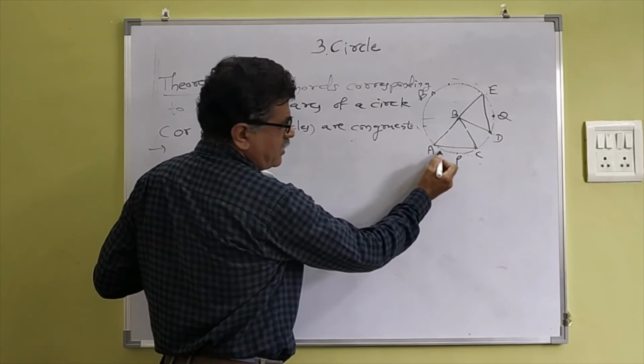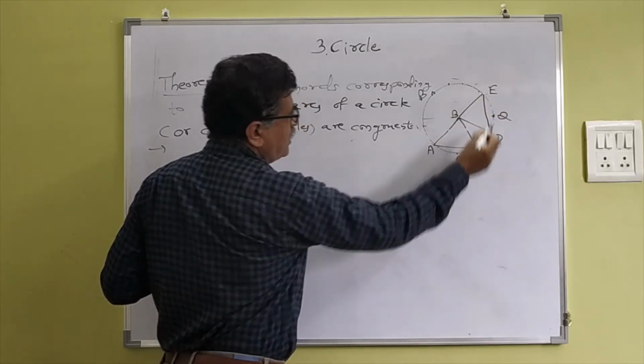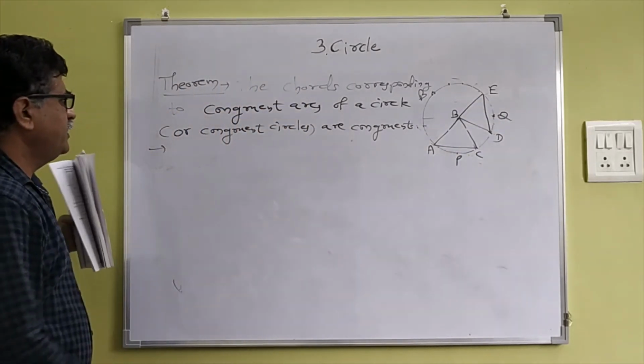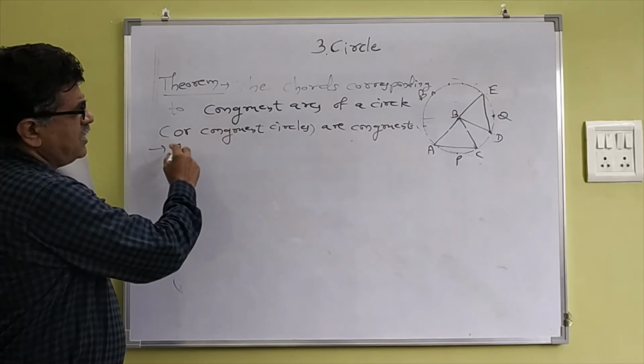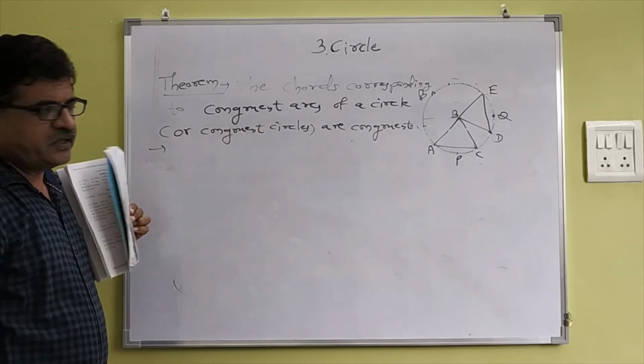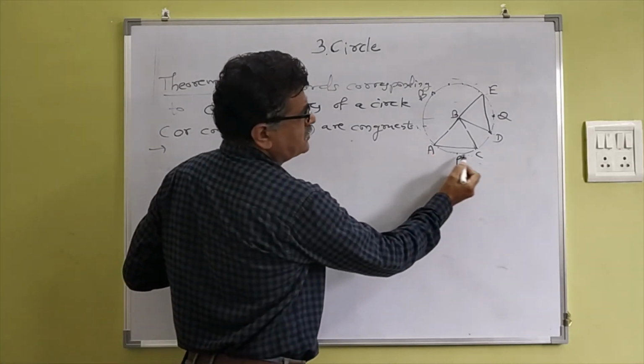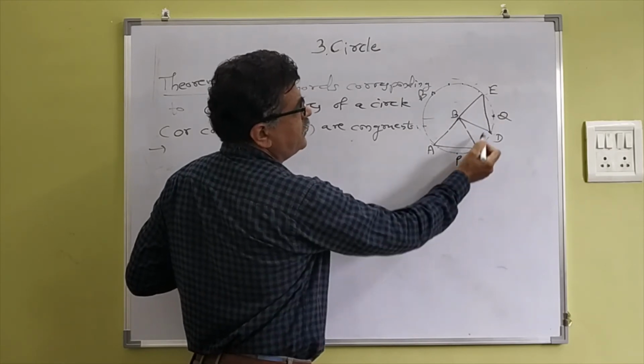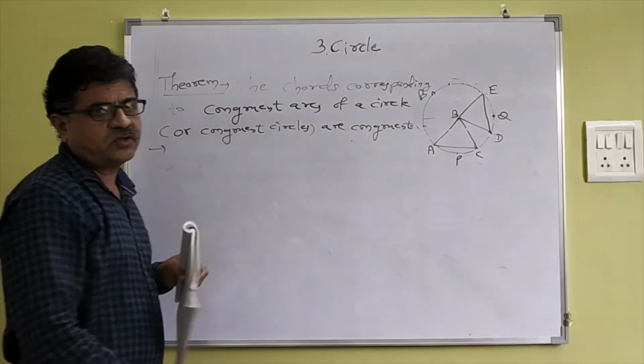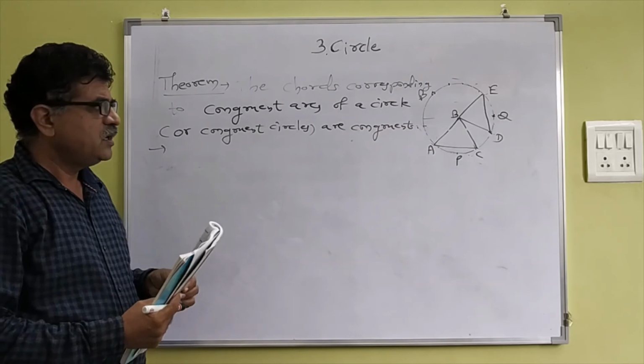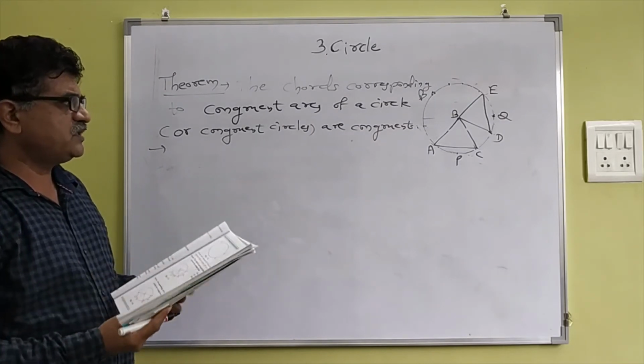We are given arc APC congruent to arc DQE. If arcs are congruent, their corresponding chords are also congruent. We have to prove this. Now let us see how we can prove this.